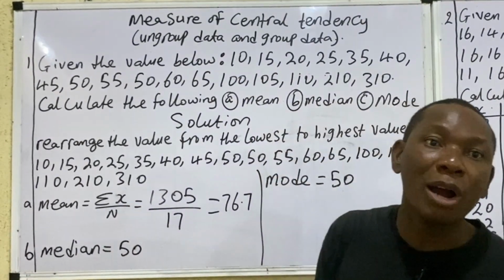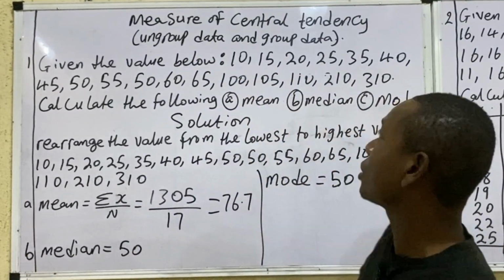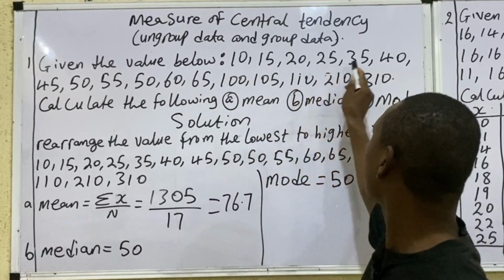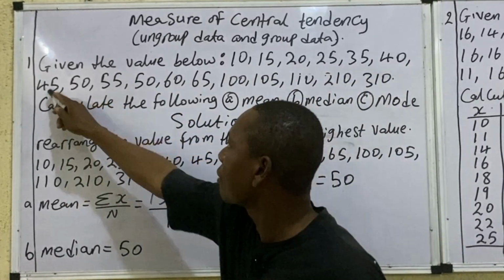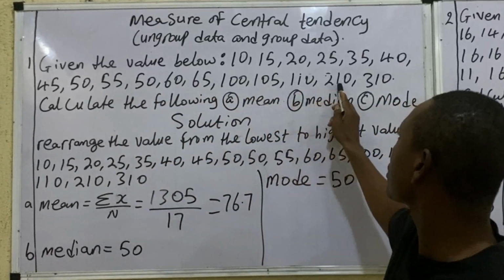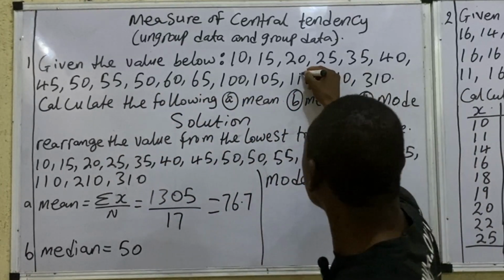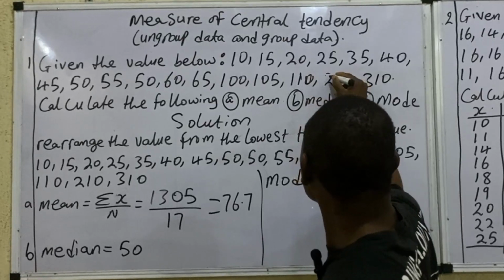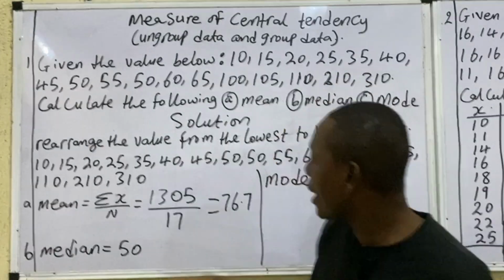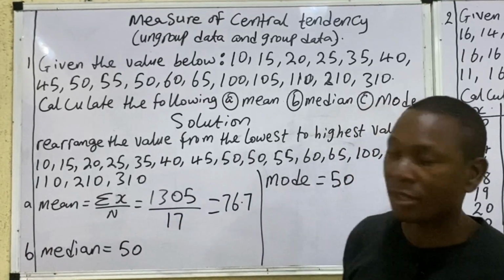n is the number of x. That's the number of values that you are given. So in this case, let's count. 1, 2, 3, 4, 5, 6, 7, 8, 9, 10, 11, 12, 13, 14, 15, 16, 17. So in this case, you are given 17 data, so n is actually 17.